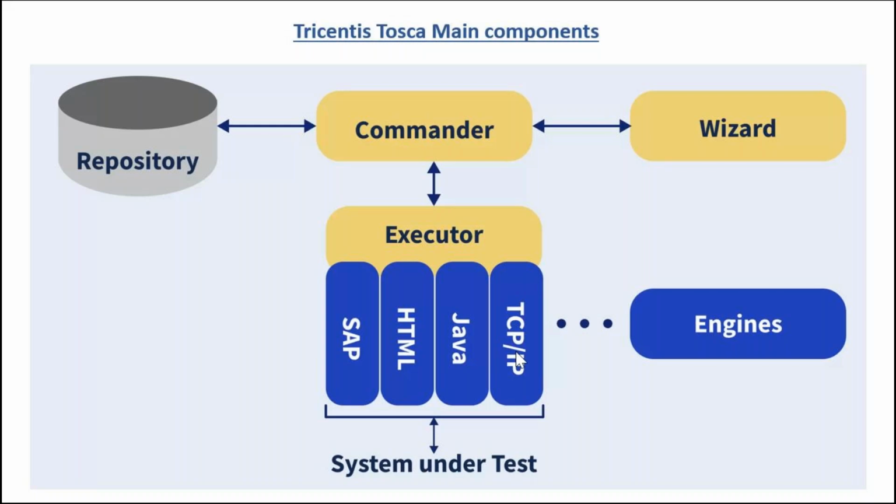SAP is the SAP engine, HTML is the HTML engine, Java is the Java engine, each for that particular technology. These are the engines which work with the executor and execute your test cases. When you want to scan, you can use the wizard. When you want to execute, you can use the executor. But all the work behind is done by the engines. Okay. So any questions on this?